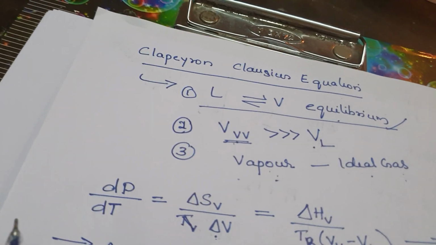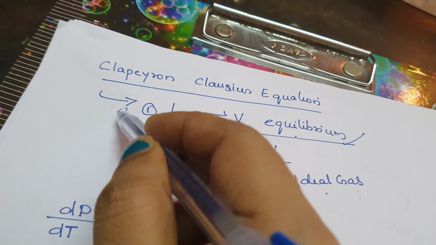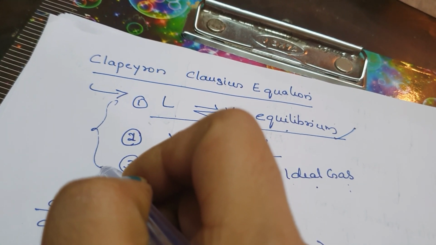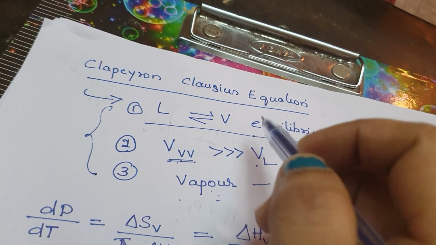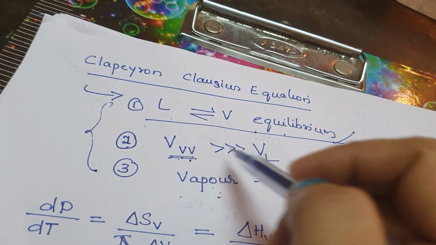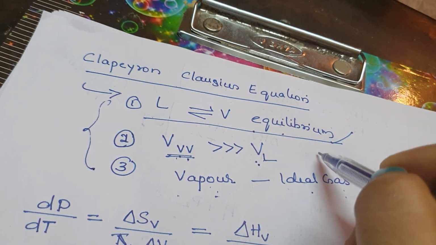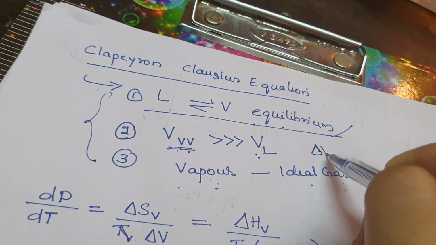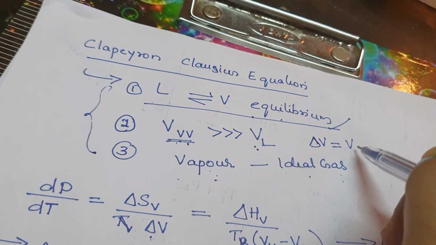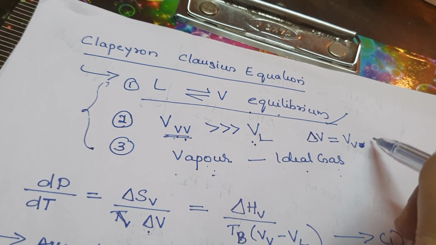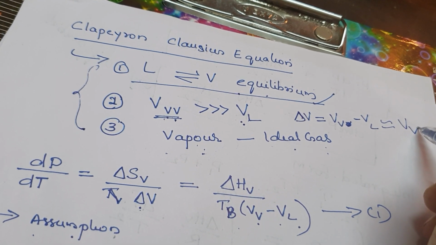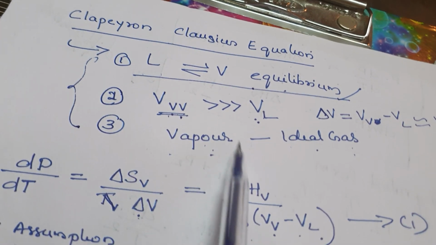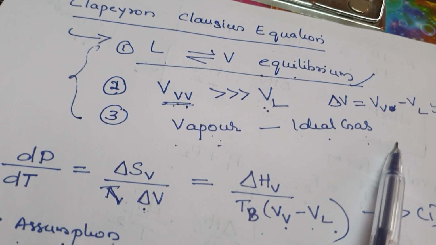So the Clausius-Clapeyron equation is the Clapeyron equation only, but we are deriving it taking 3 assumptions. We are applying it only to liquid to vapor equilibrium. The volume of vapor is greater than the volume of liquid, so delta V, which is V_V minus V_L, is taken as the volume of vapor alone. Then this vapor will behave ideally, that we assume.